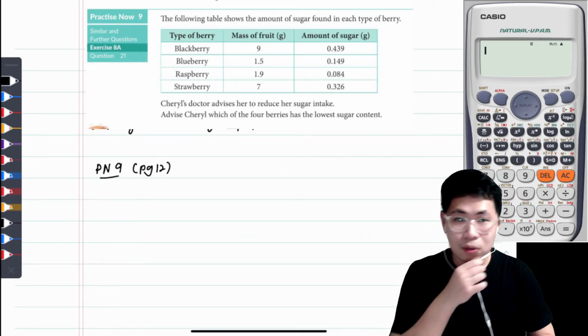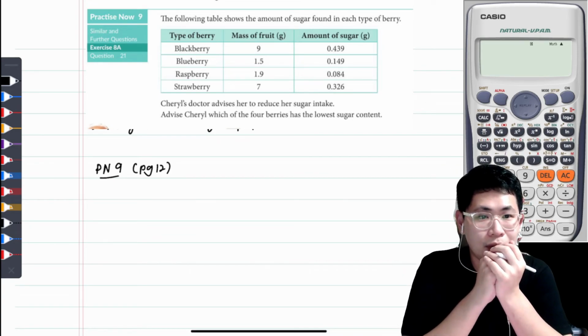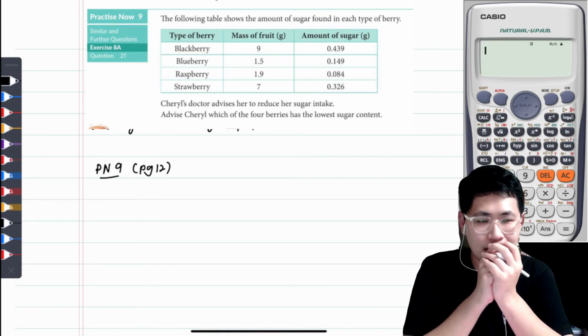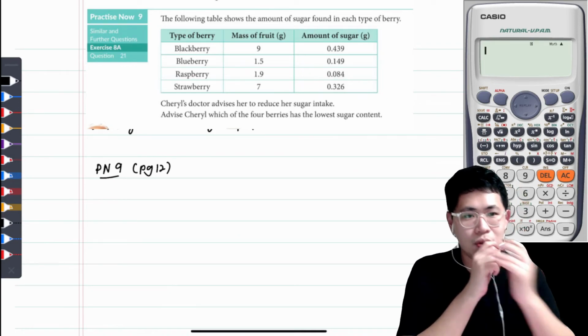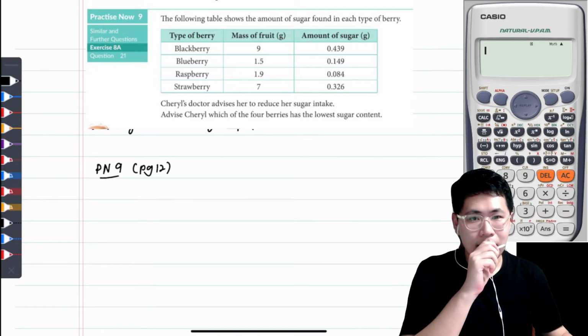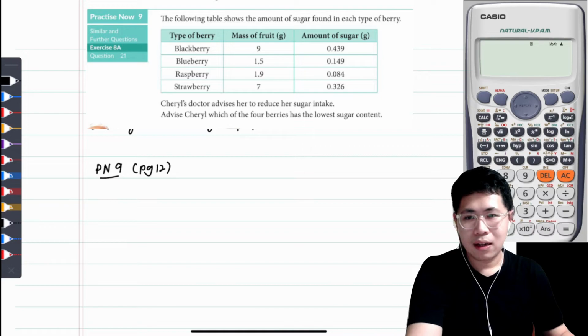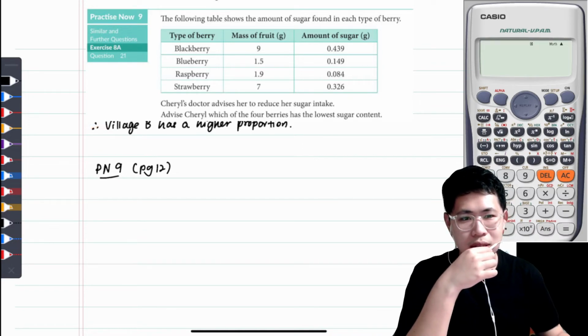The following table shows the amount of sugar found in each type of berry. We have blackberry, blueberry, raspberry and strawberry with the mass of the fruit and the amount of sugar in each of them. Cheryl's doctor advises her to reduce her sugar intake, so advise Cheryl which of the berries has the lowest sugar content.